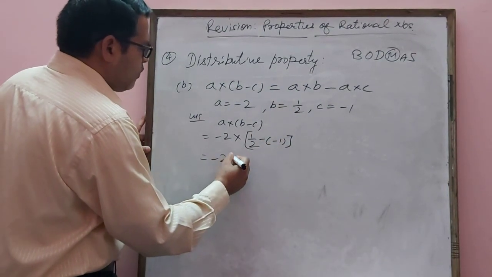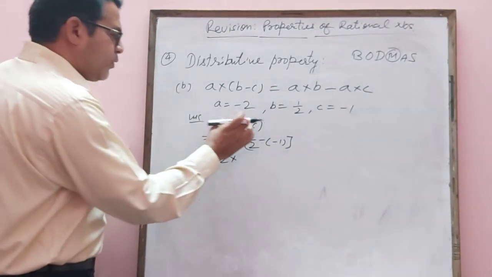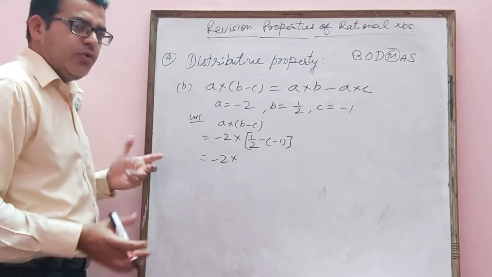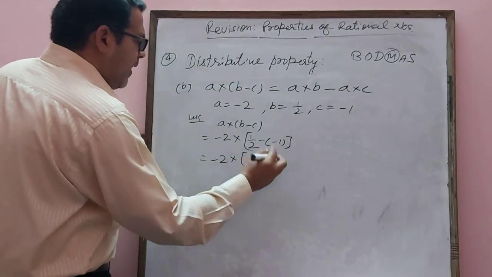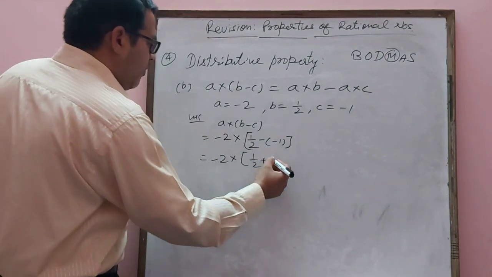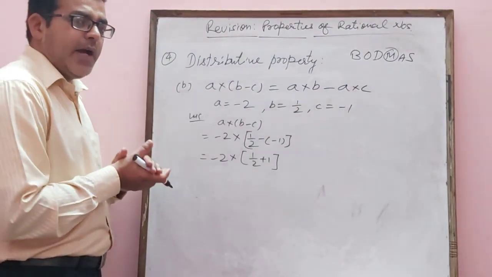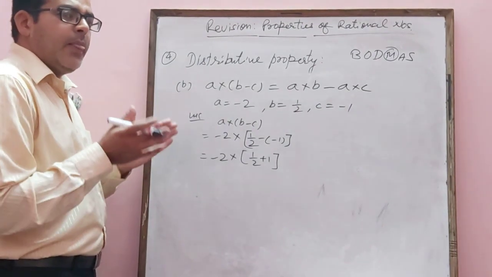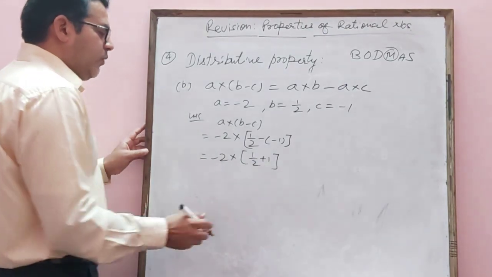So minus 2 into, first, as per rule, we have to solve the thing inside the bracket. You know very well. So we can write it 1 by 2. This minus and minus, when we open this bracket, we will write it plus 1, since minus and minus means negative numbers in product gives positive. That's why plus 1 will come here.